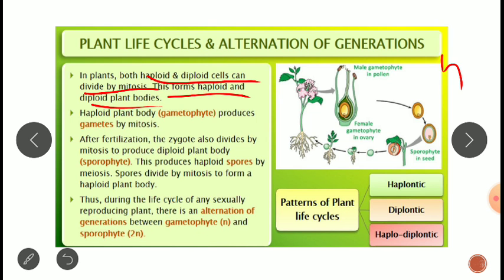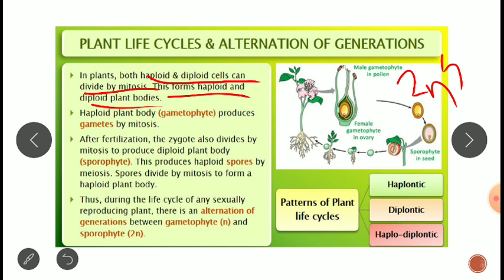So by n number I mean that whenever the male and the female gametes are separate, only the microspore is n, and only the megaspore, only the egg or only the pollen grain is n. But when the fusion takes place, when the adult plant body is present, it forms 2n, so double the number of chromosomes.